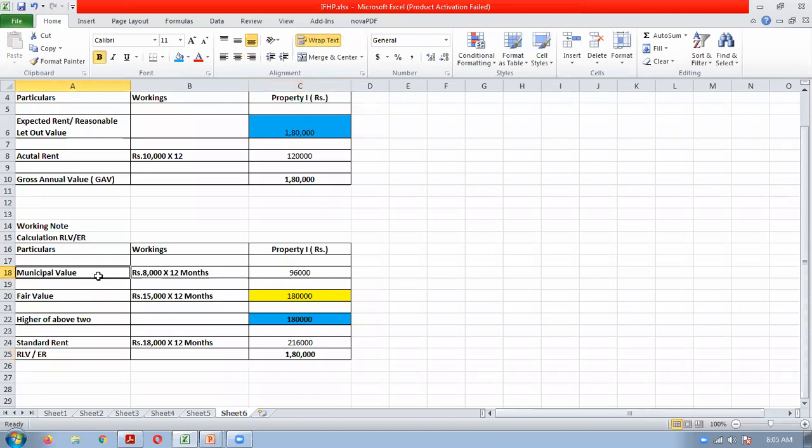First, compare the municipal value and fair value, write the higher value, compare it with the standard rent. Whichever is lower will become your RLV. If standard rent is not given, then the higher of the municipal value and fair value will become the RLV.